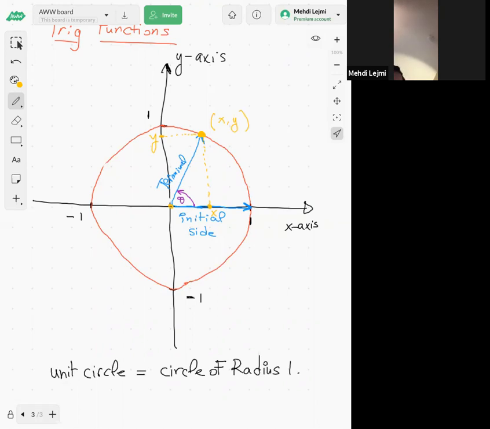So you see here in this picture, guys, we have a right triangle, the green one.